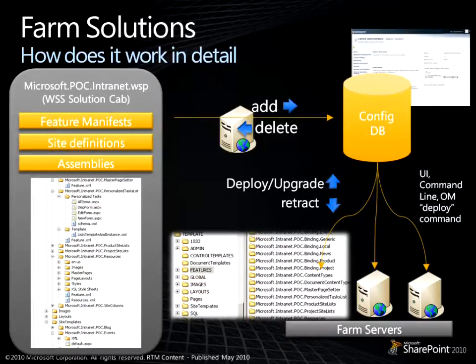Actual deployment of our customizations to the file system on each server in the farm is done by a specific timer job, which accesses the solution package and places the content of it to the file system. At the same time, we are also installing the required features which were defined in the solution manifest.